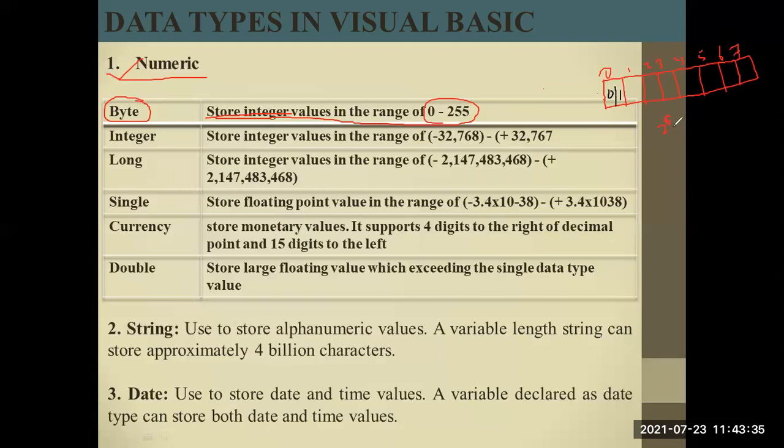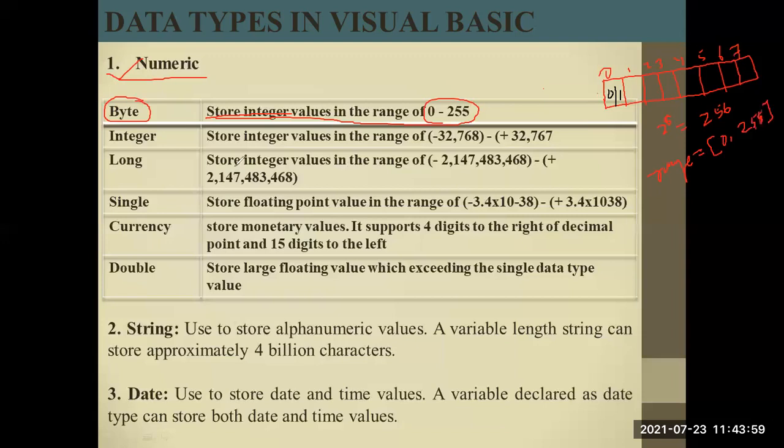So what is the range of data that can be stored here? The range is 0 to a maximum of 256, so if you start from 0, it will be stored up to a maximum of 255.